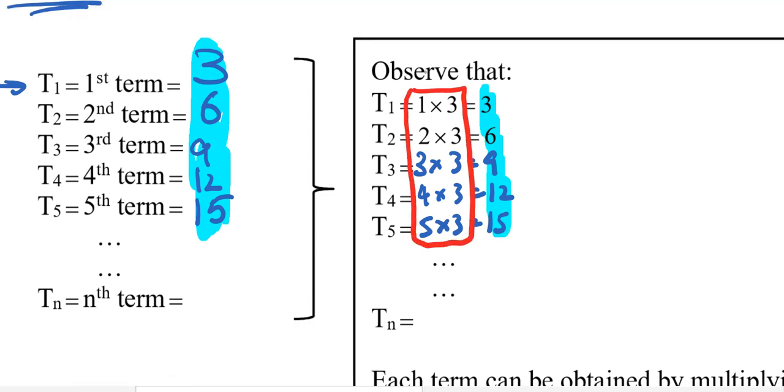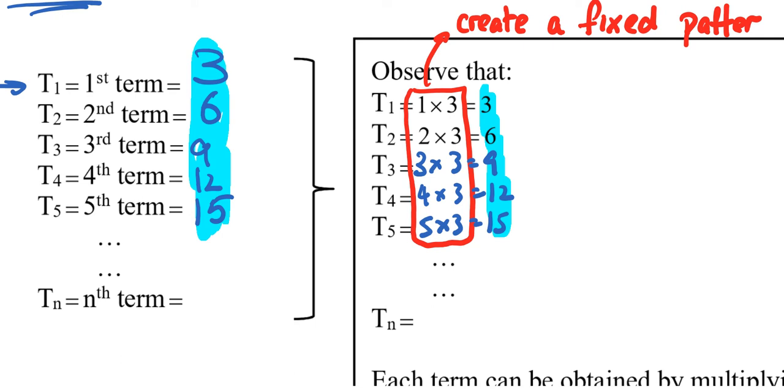It's a technique to create a fixed pattern. Do you know what is the fixed pattern here? Pattern with the n. Times 3. The times 3 is the fixed pattern. Do you see that?